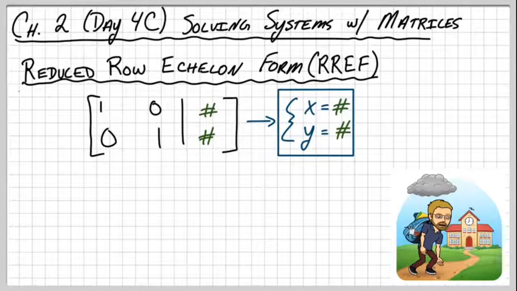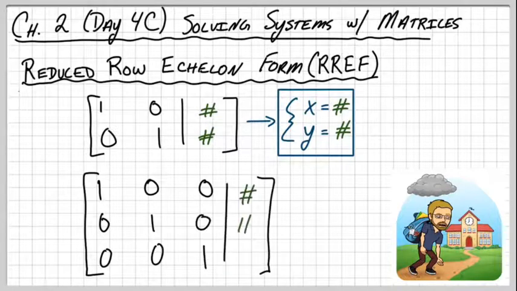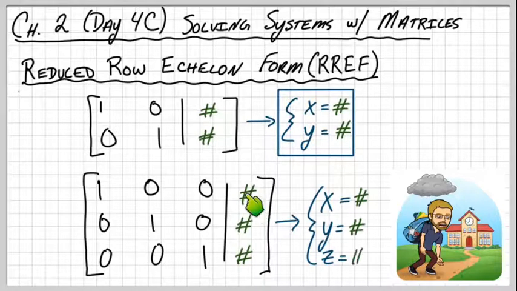Or if it's 3 equations that we're dealing with, reduced row echelon form, RREF, would look like this. Right? It's got ones across the diagonal, zeros above and below the ones, and then you still have the values over here in the answer part of our augmented matrix. So again, if we have our matrix expressed like this in reduced row echelon form, we can start to just read the answers off. X equals whatever number is here, y equals whatever number is here, and z equals whatever number is here.